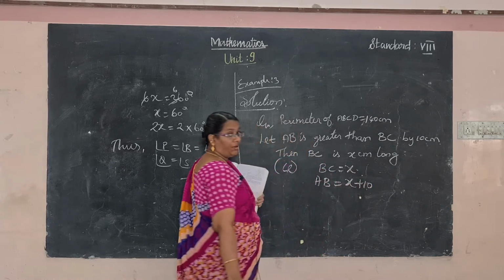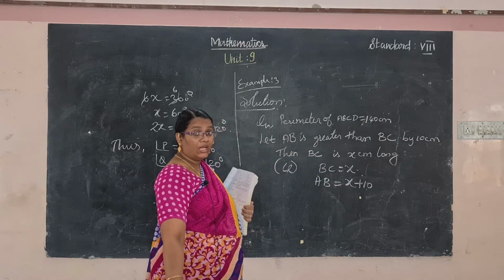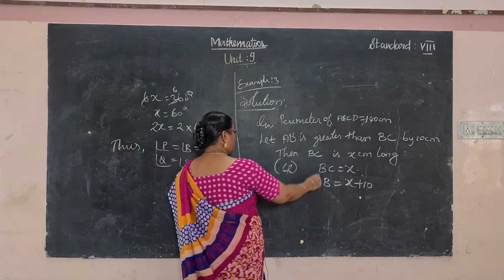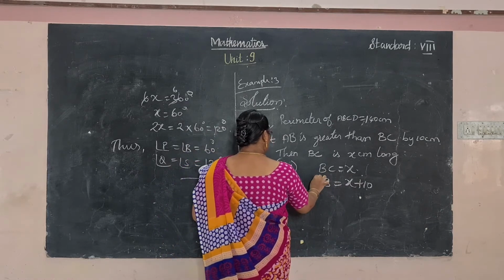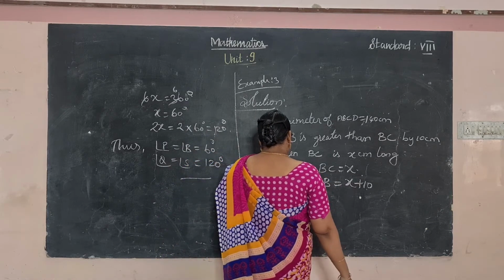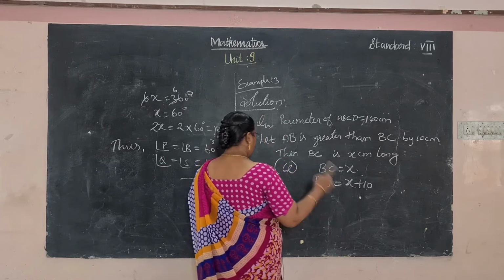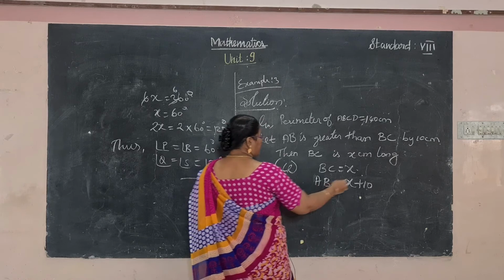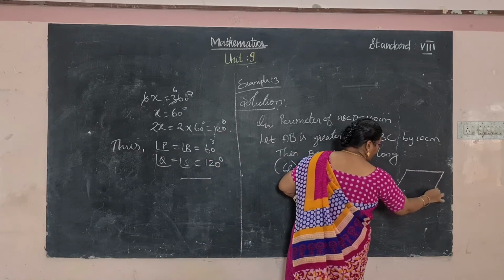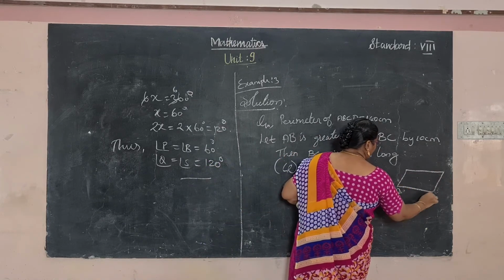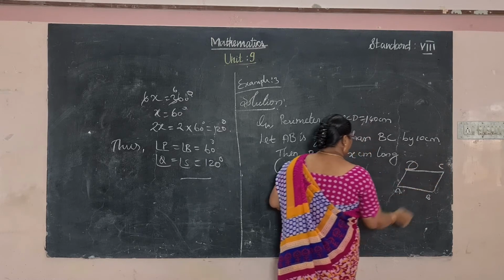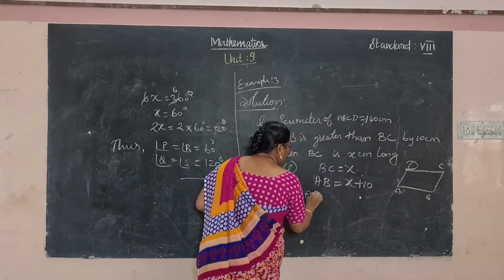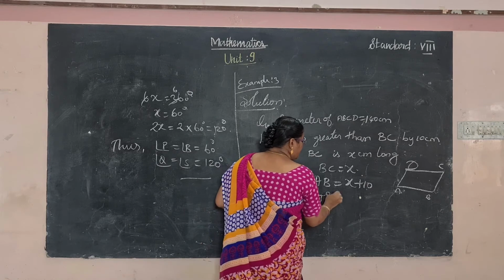You know, why do we write x plus 10? Because it is more than 10. Okay, so x plus 10. Now add all the sides. We have to find out the perimeter. So what are the sides? We have considered the parallelogram ABCD, so AB plus BC.